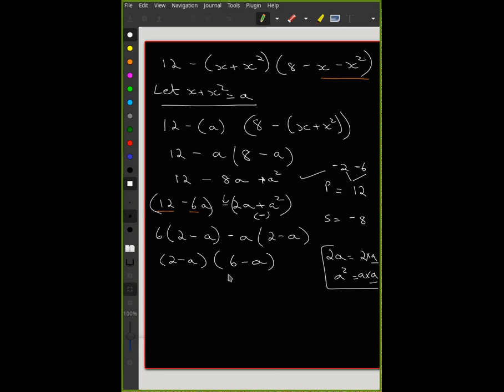Yes, Ishan? Sir, I got a minus. One sec. Sarah, that is correct. What are you saying? Here 2 minus a, 6 minus a, I got opposite. I got a minus 2 and a minus 6. Does the sum work out to be the same? Can you check?